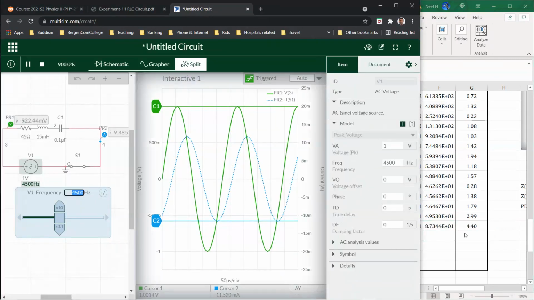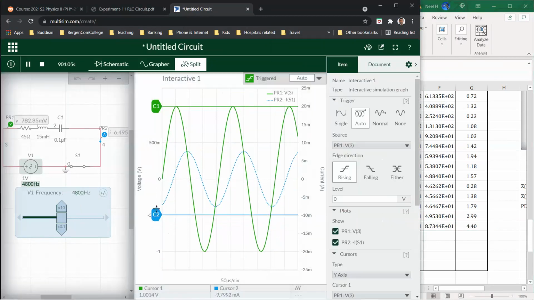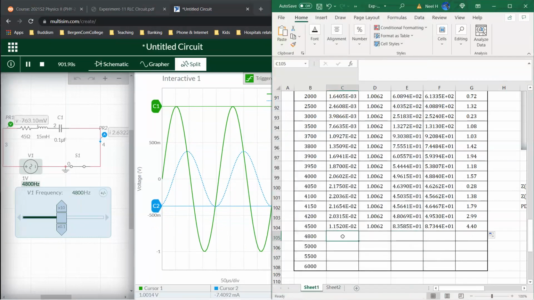And let's do 4800. 7 milli, 0.00744092. Voltage must be remaining the same.